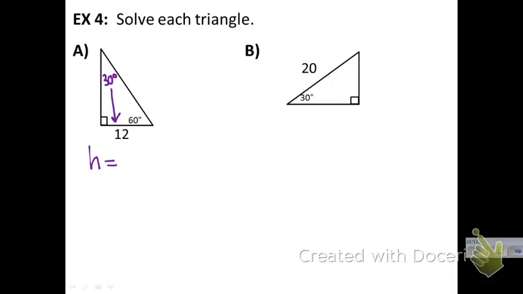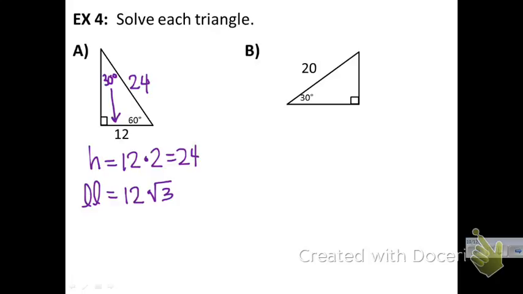The hypotenuse is found by taking the short leg, in this case 12, times 2. That gives us 24. So this piece is 24. Our long leg is found by taking the short leg, 12, times root 3. And that's what our long leg is, 12 root 3.